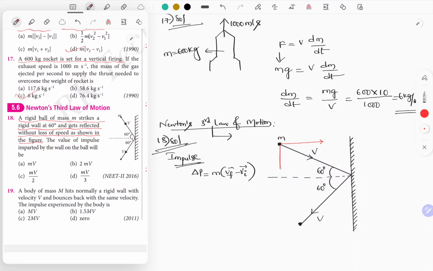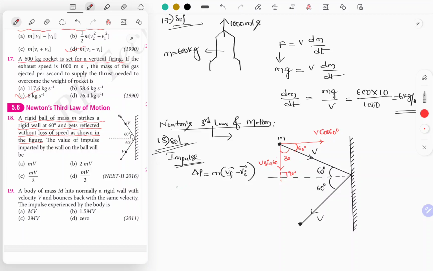If this is 60 degrees, this angle is 90 degrees, this is 30 degrees, and this is 60 degrees. Opposite angles are 60 degrees.